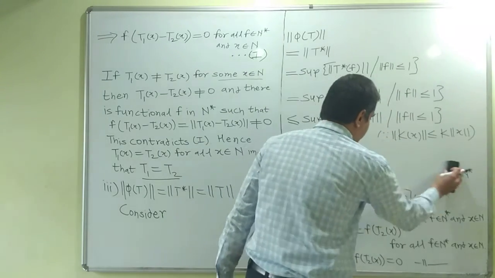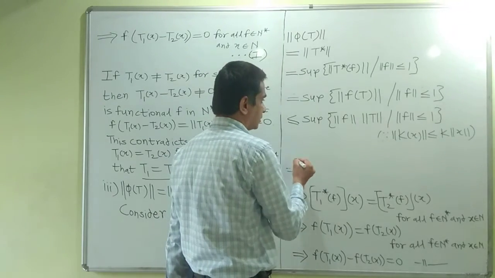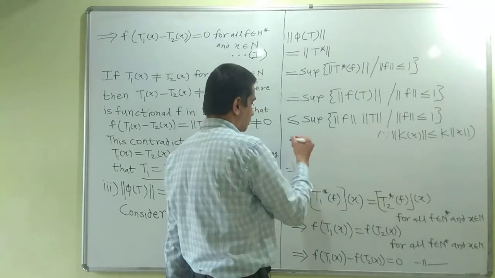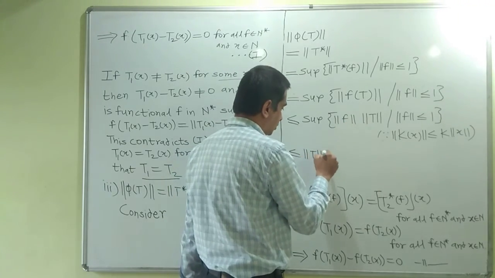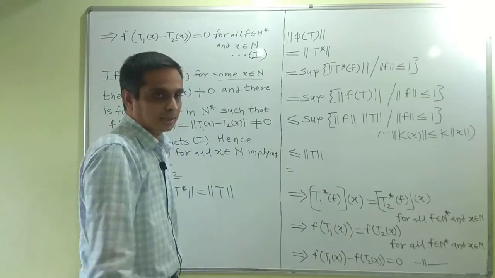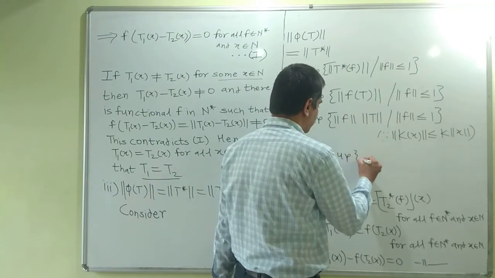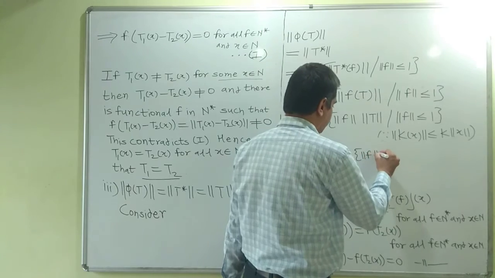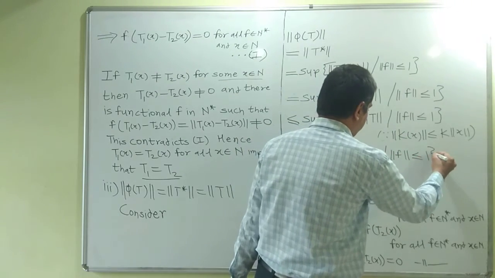So what does this imply? This implies that I could take norm T outside now because it is independent of f. So norm T, and it is non-negative, that's why I can take it outside the supremum. So norm T into supremum of norm of f, where norm of f is less equal to 1.